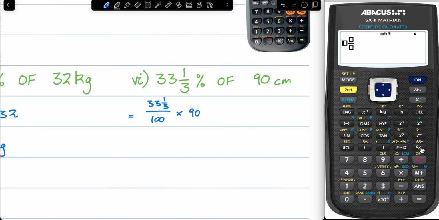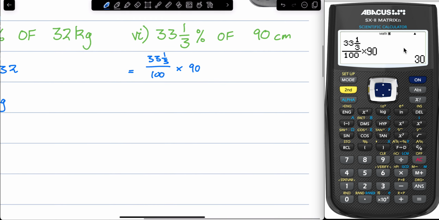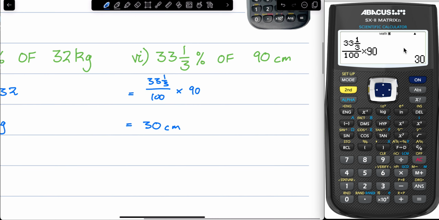So shift 33 1/3, moving it across and making this as a fraction over 100. And this is what we can multiply by 90. Notice how we still get that 30. So this still becomes 30 centimeters.